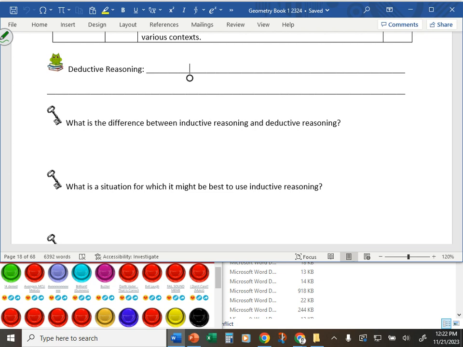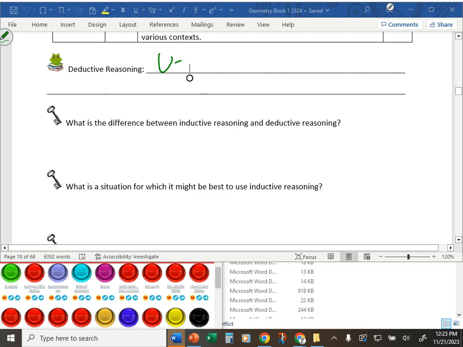Is it using information that you're given to eliminate answers? Okay. Using information given to eliminate answers. This is the kind of logic that you would want your lawyer to use, or your doctor to use when diagnosing you. Okay.